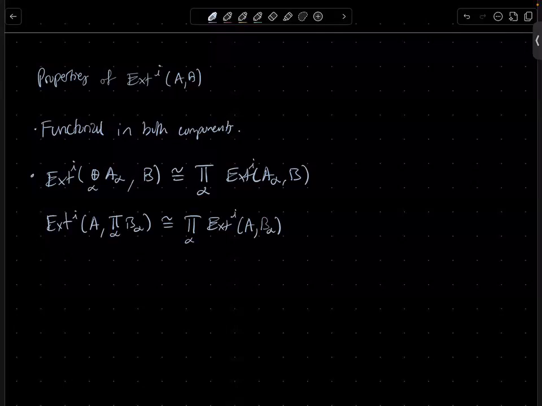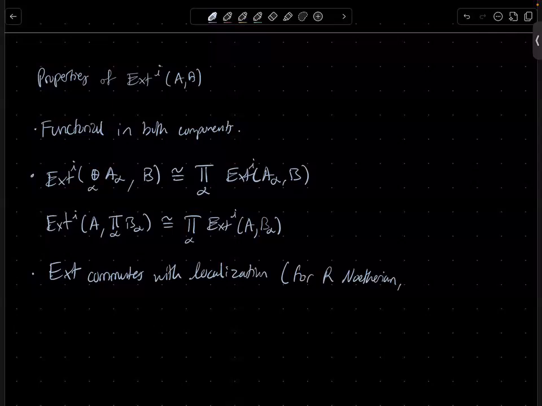There are a few more properties, but one fun fact is that Ext commutes with localization in a particular situation. So localization is a functor, right? For this to work, we actually need R Noetherian, and you need A to be finitely generated.